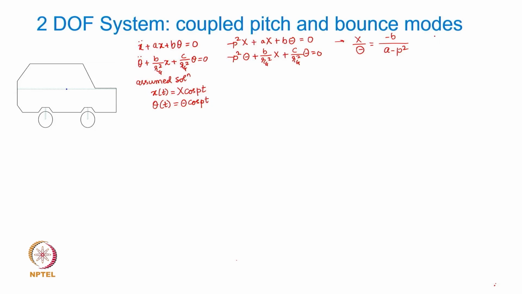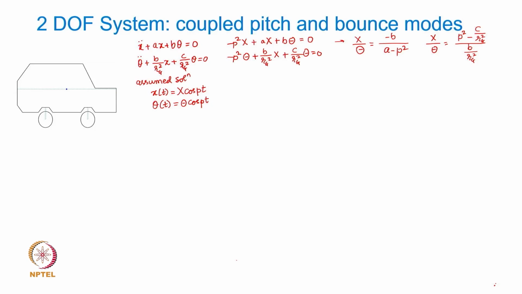And from the second equation also, x over theta is going to be p square minus c upon rg, and this is going to be c over rg square. Oh, sorry, b upon rg square, isn't it? Right?